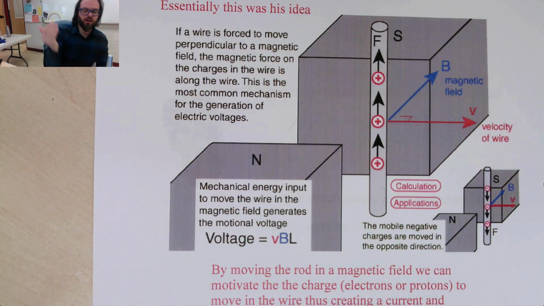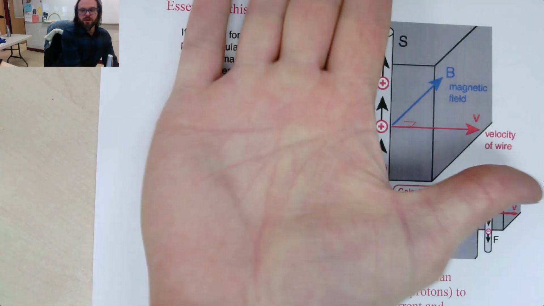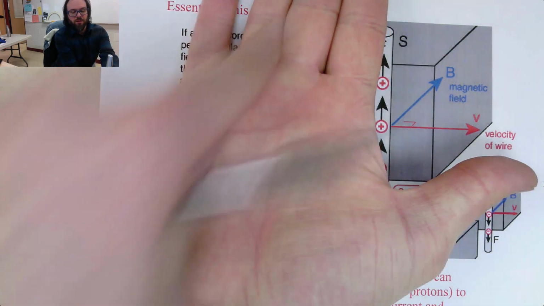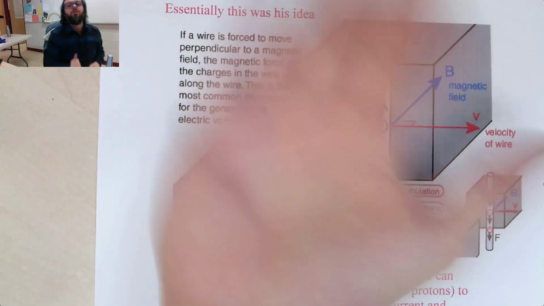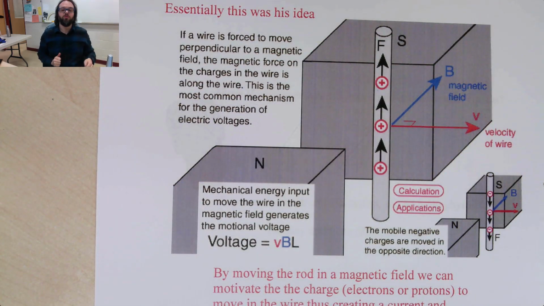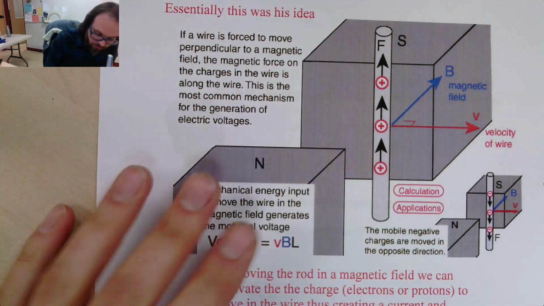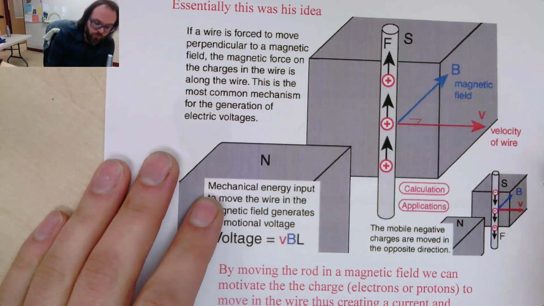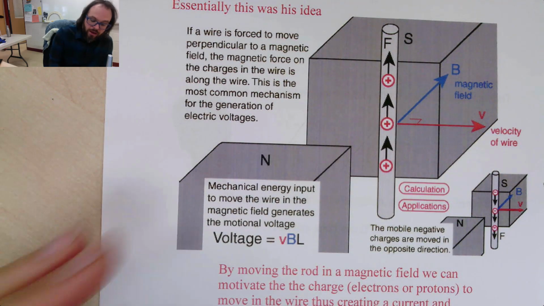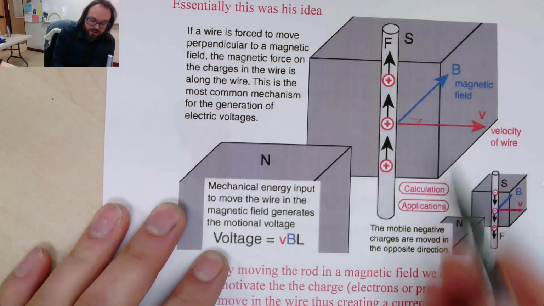So I'm going to use my right hand here, and I'm going to follow my velocity, my magnetic field, and the force up will be my proton movement. So once again, velocity, magnetic field, force up. So that's the right-hand rule. And as we move this through, notice the velocity is important here.